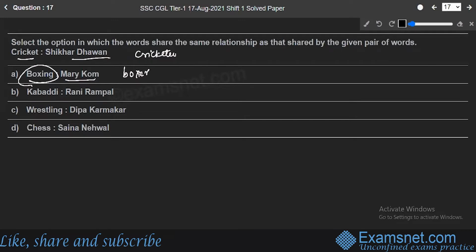If I'm talking about Rani Rampal, she is an Indian hockey player, whereas you have mentioned kabaddi over here, so this option is incorrect. If I'm talking about Deepa Karmarkar, she is a gymnast from Tripura state. She's not into wrestling. So even this option is incorrect. If I'm talking about Saina Nehwal, she is an Indian badminton player.